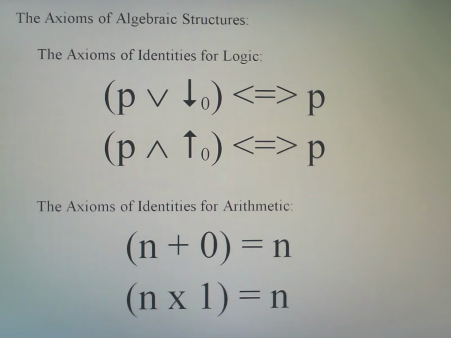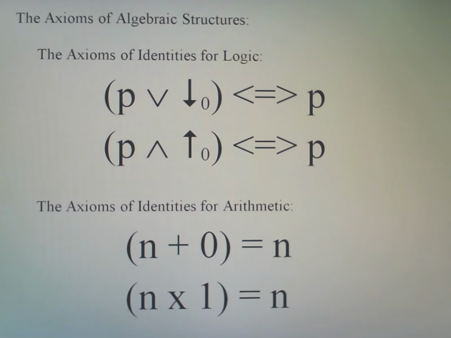So as we see, what we're talking about here are the axioms of algebraic structures. These axioms are the rules that give us not only the logic that we're studying here, but if we use a slightly different collection, here we're using a collection of propositions that are true or false.